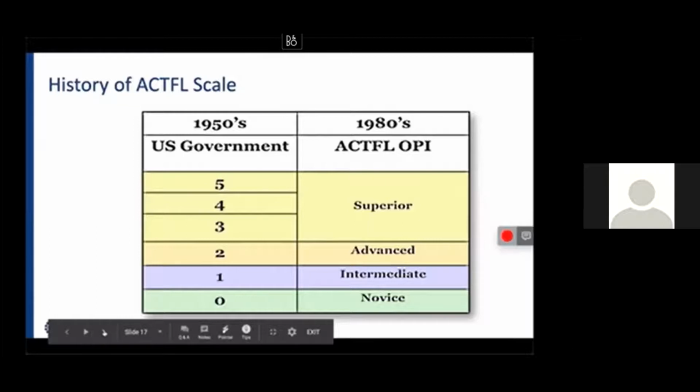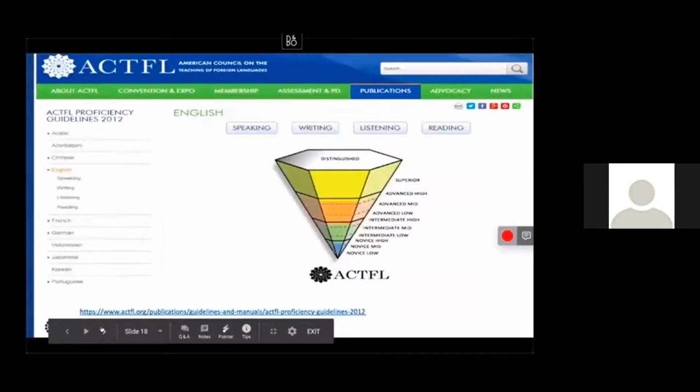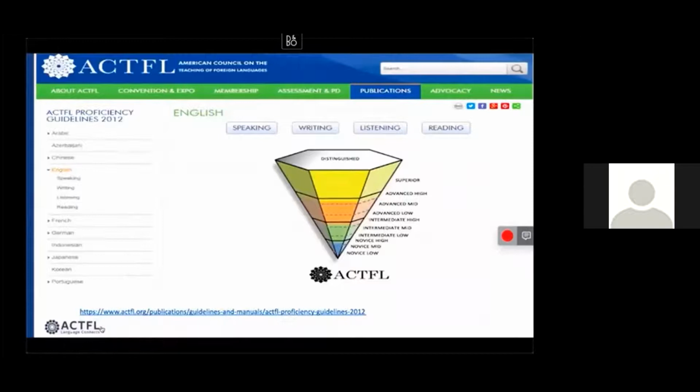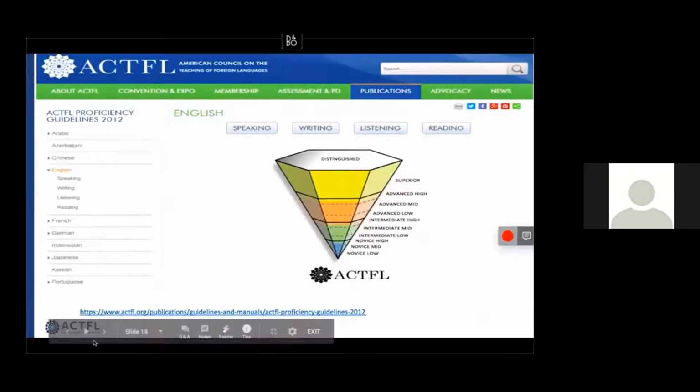Next slide. The actual proficiency guidelines then describe for speaking, writing, listening, and reading the ability to use language for real world purposes. There are currently 11 levels, similar to the work that's been done with the CEFR to develop more articulation at the highest levels.